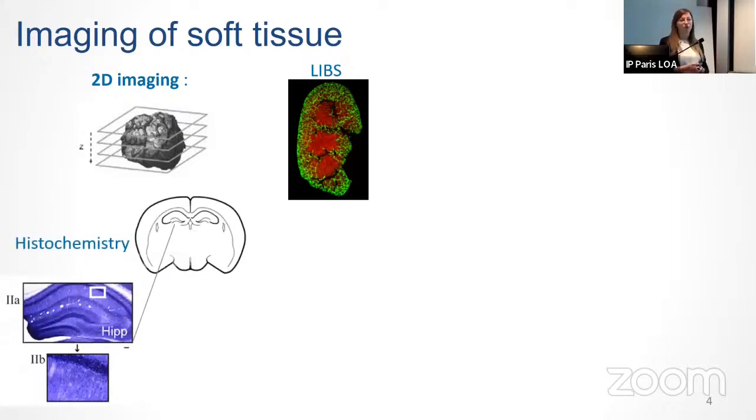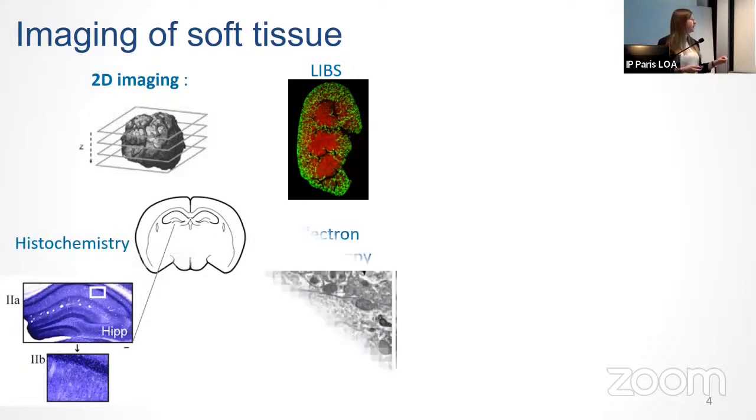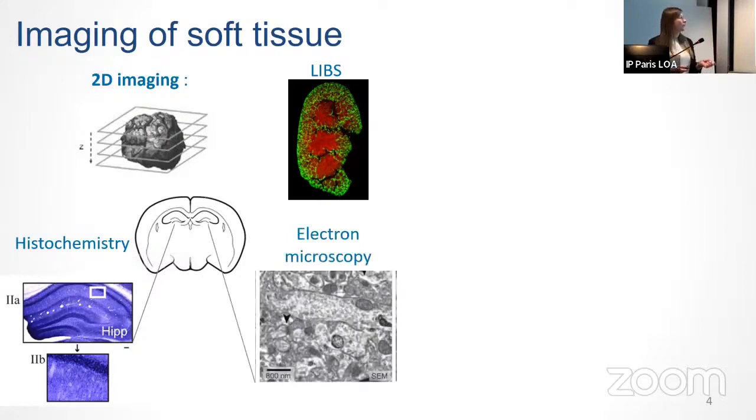We can use histochemistry, so we can label specific cells inside this tissue, and we can dye them. And we have electron microscopy that uses an electron beam to visualize the tissue with high spatial resolution.